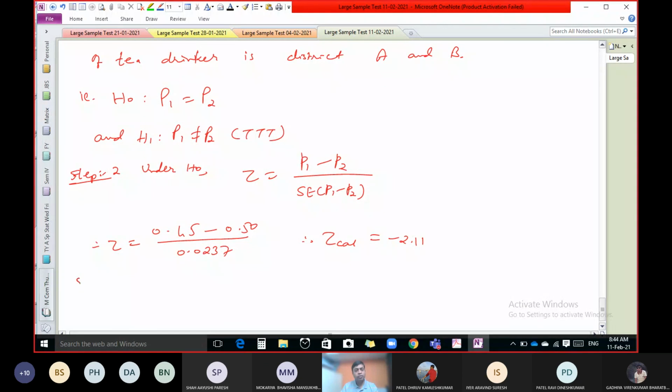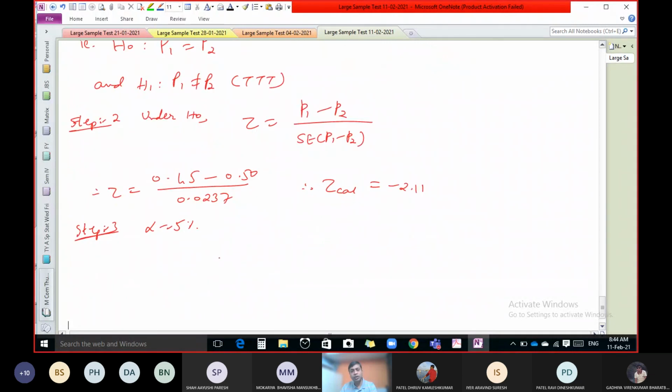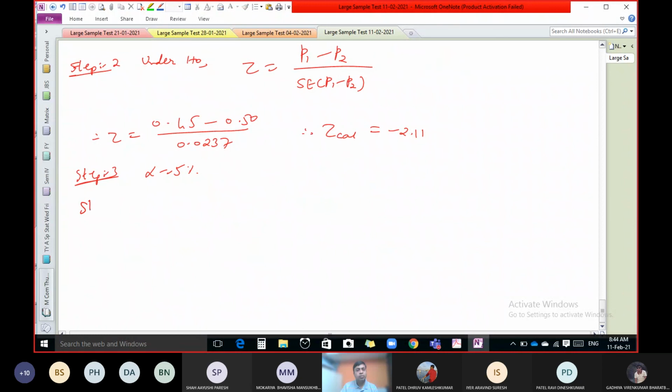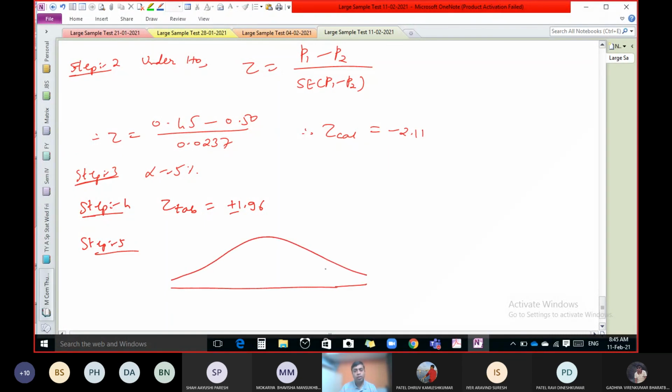Now step 3, alpha is 5%. The next two steps are the same as in the previous test. Step 4, Z tab. Obviously for a two tail test it is plus or minus 1.96. And step 5, here is plus 1.96, here minus 1.96, here Z equal to 0.